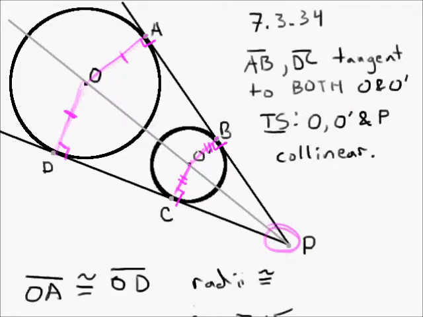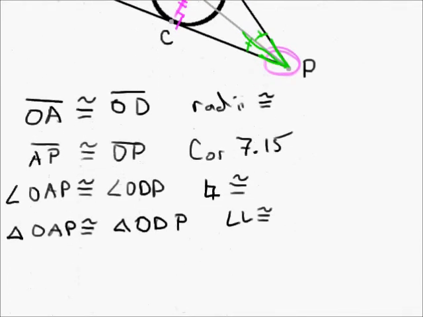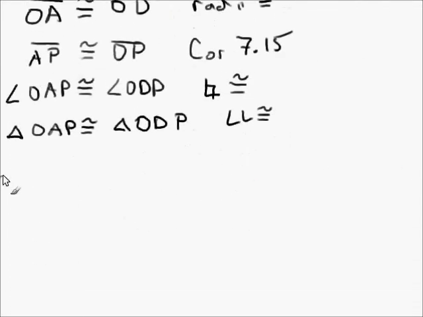What we're going to use it to show is that this angle is congruent to this angle. So with respect to the large angle APB, this line right here from O bisects the angle. So let's go ahead and write that down.